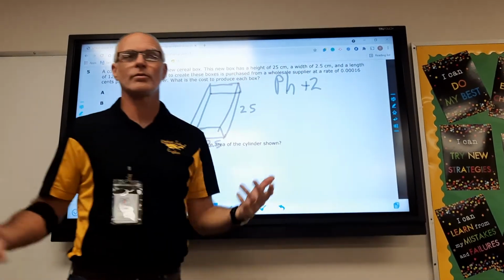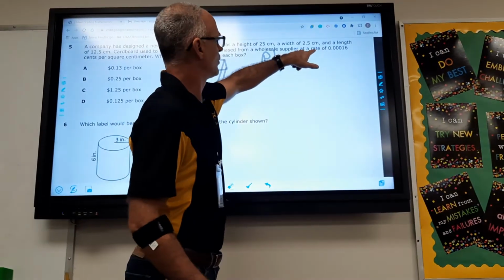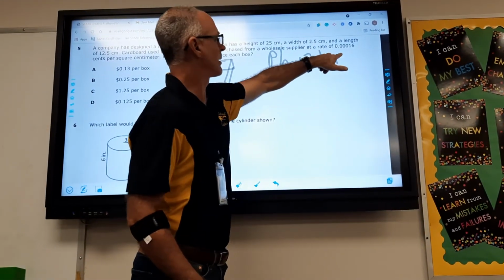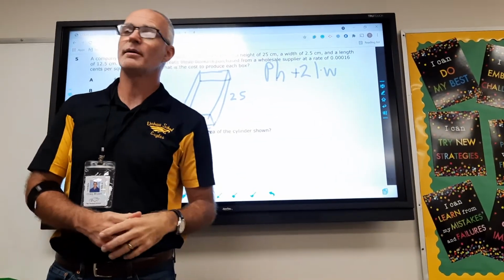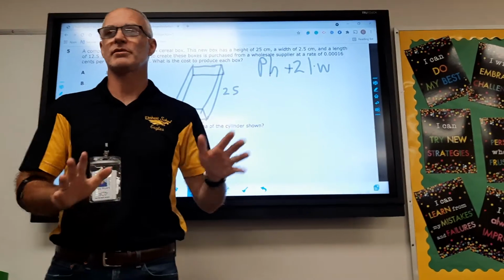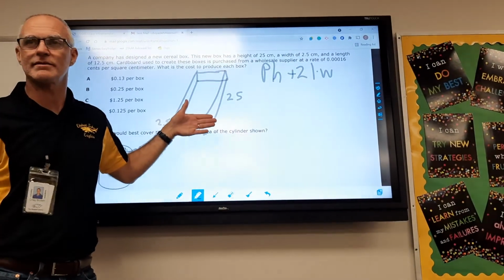Height, width, and length. Which two numbers? Length times width. Base times height and length times width are the same thing when you're just looking at that base.